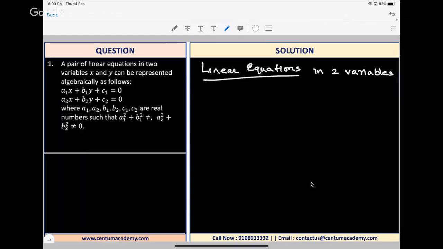And after that, we'll also see how to solve linear equations.